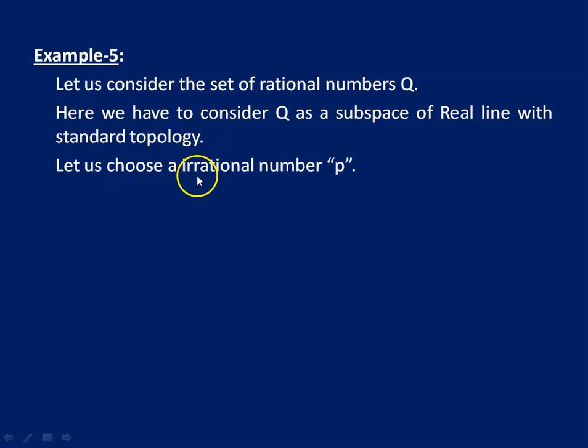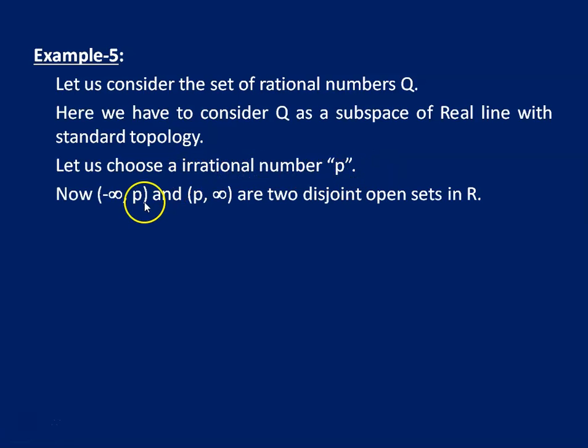In the real line, let us choose an irrational number P. Now these two open intervals, minus infinity to P and P to infinity, are two disjoint open sets in R, because R has the usual topology.